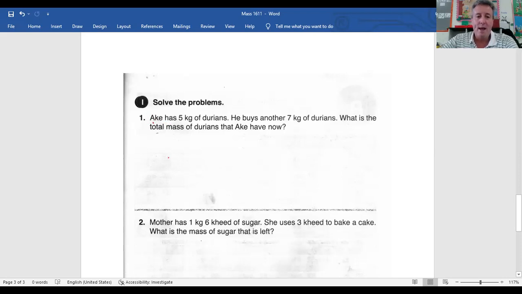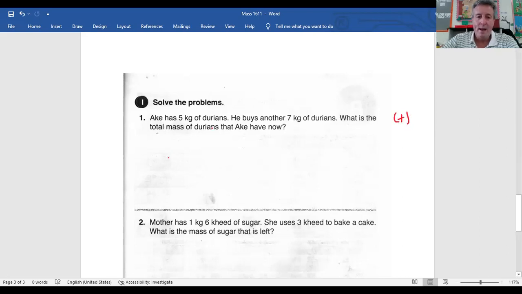So Aki has 5 kilograms of durian. He buys another 7. So he's getting 7 from the shop or the market. What is the total mass of durians that Aki has now? So that's pretty easy, I think. We know that it's a plus, so we're going to use our plus.